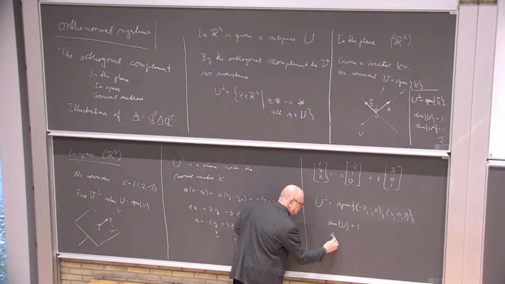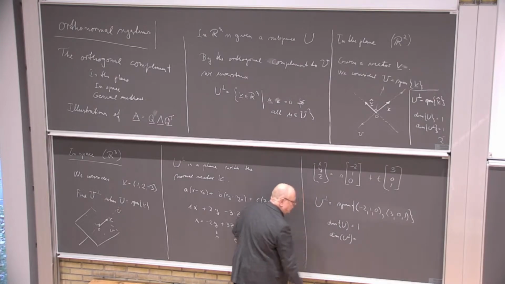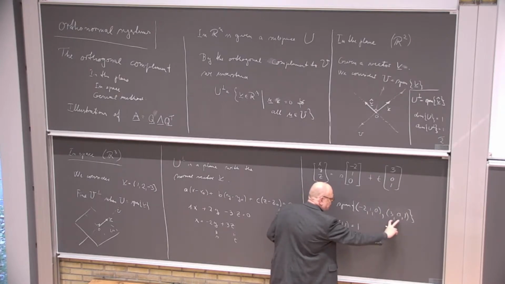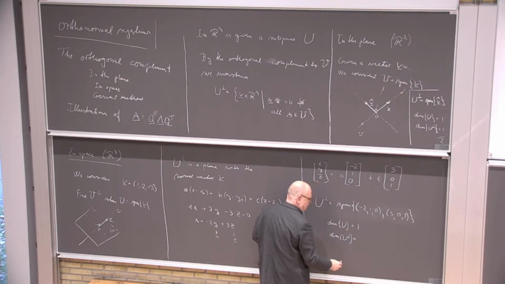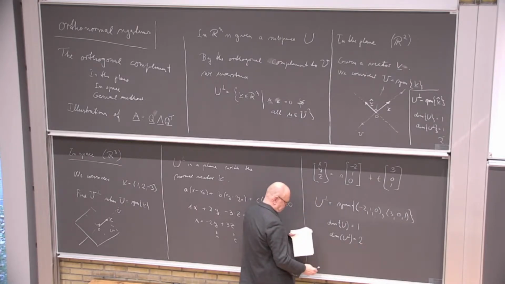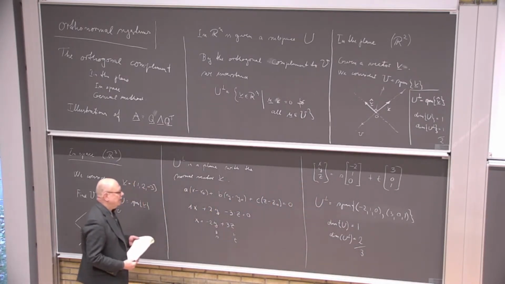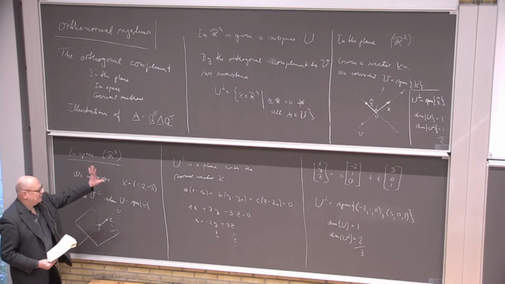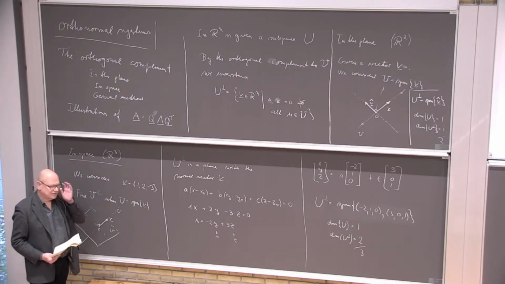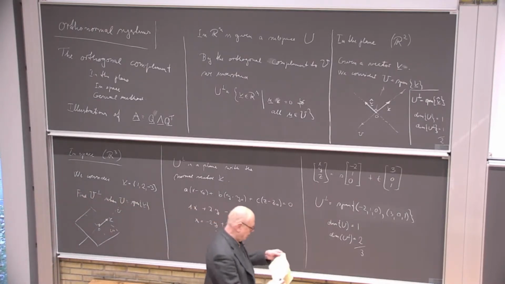The dimension of the orthogonal complement, yes, you have two vectors in the basis for the orthogonal complement, so the dimension is 2. And this time it sums up to 3. So you will think there is a relation to this 3 here, and there is. We'll see that shortly in the more general case.